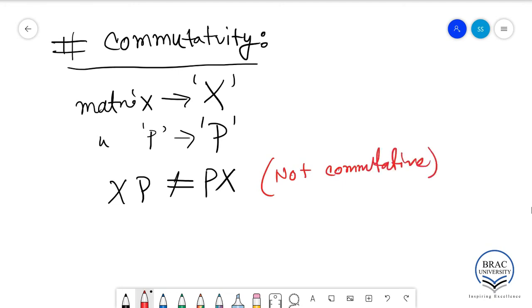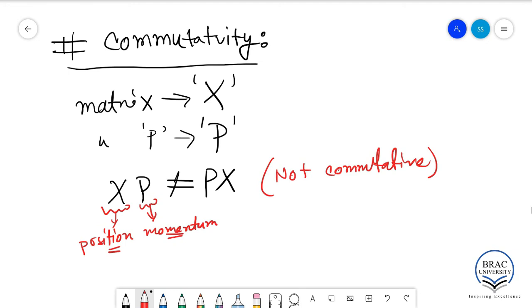In fact, if you consider this X to represent some position of a particle, and you think of this P as some momentum of a particle, how they're related will be explained in later lectures. But for now, let's accept that somehow this matrix is giving me some information about a particle's position, and this P matrix is giving me some information about that particle's momentum.